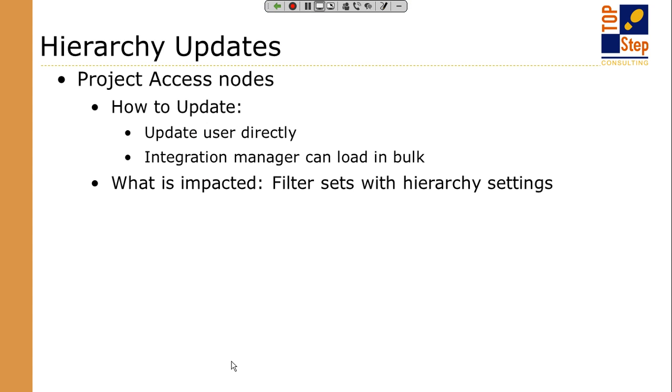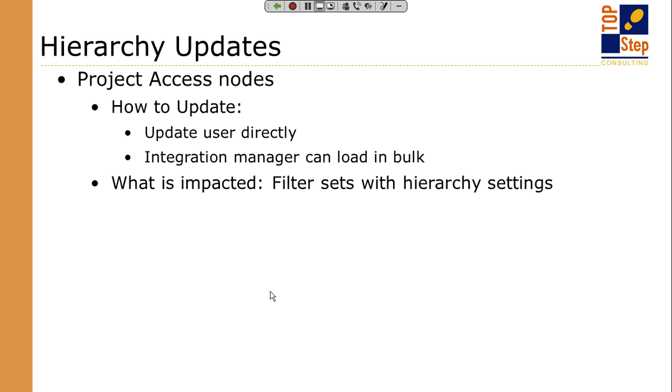So the fact that if you change the project access for a person, then they would have access potentially to other projects depending on how you have things controlled. That data access implies filter sets. So there is a functionality that's sort of used hand in hand with this project level access called hierarchy access in filter sets. Okay, and I have a screenshot on the next slide so you can see what that feature looks like.